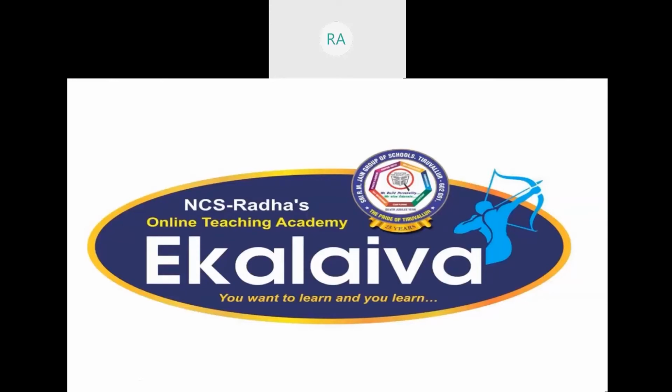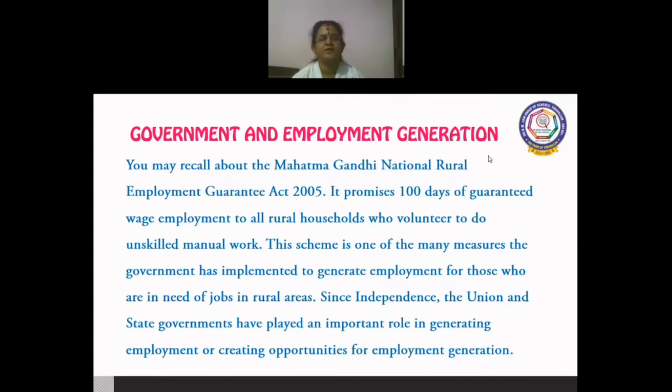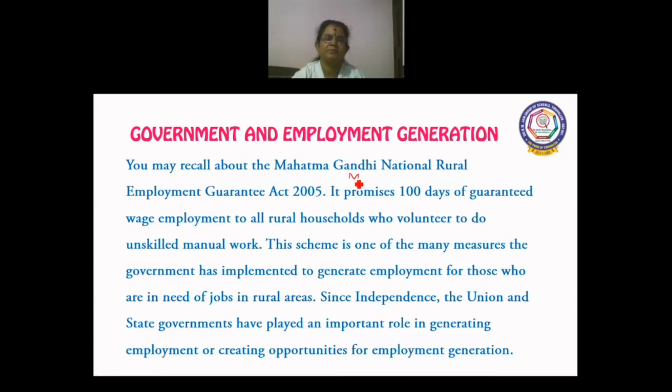Class 12 Economics, Government and Employment Generation. You may recall the Mahatma Gandhi National Rural Employment Guarantee Act 2005. We call this MNREGA.